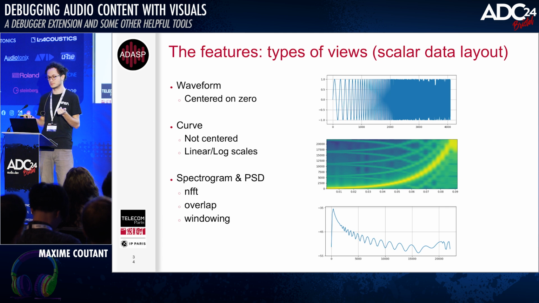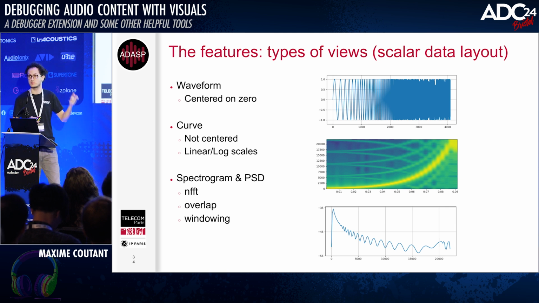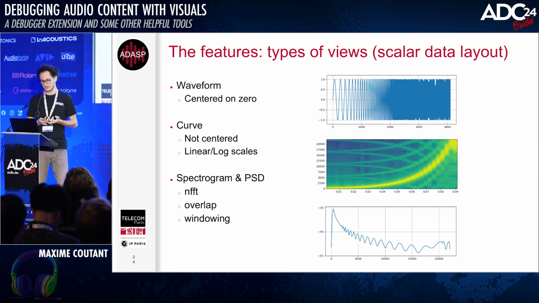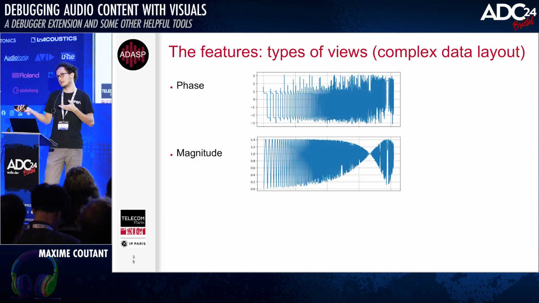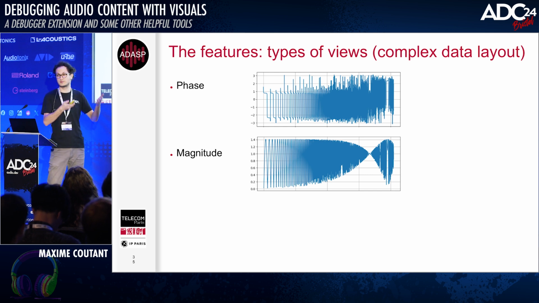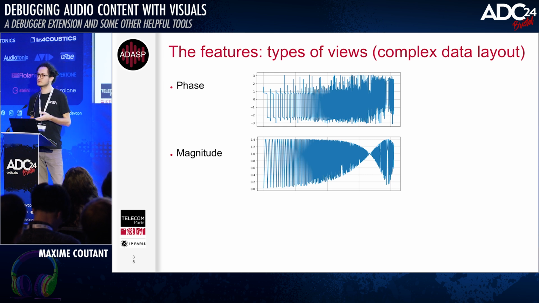Then you have the frequency representations, spectrogram and PSD, and both have the same parameters: the size of the FFT, the overlap, and the windowing. Then complex views are quite simple. You can choose to visualize either the phase or the magnitude of your complex signal.